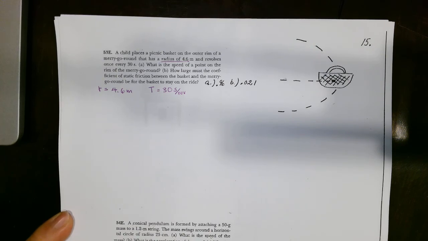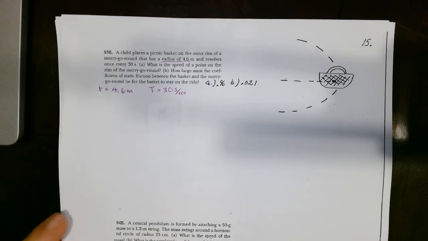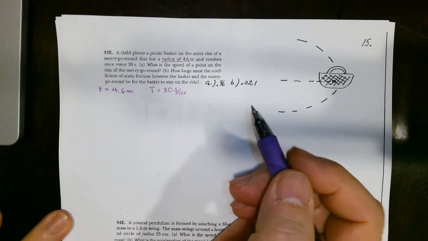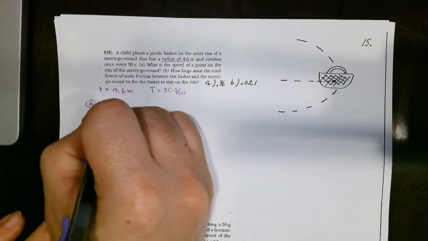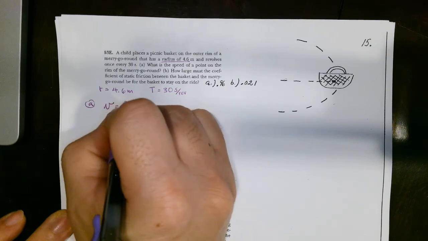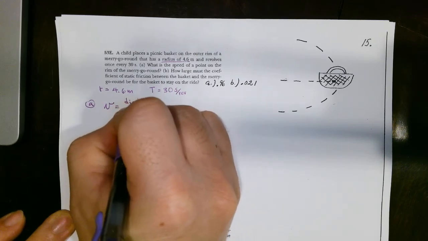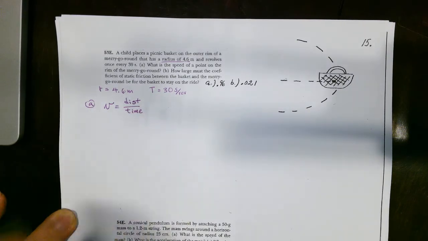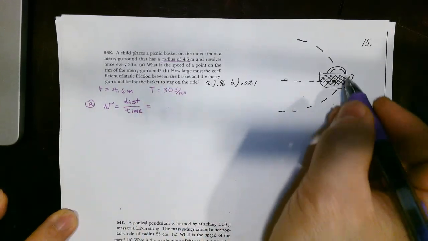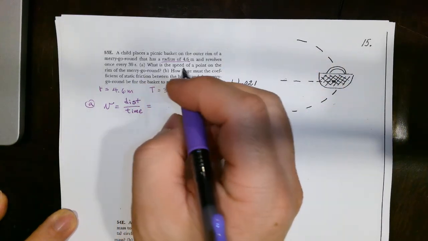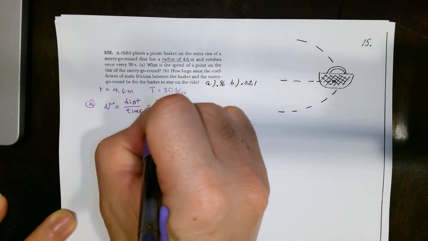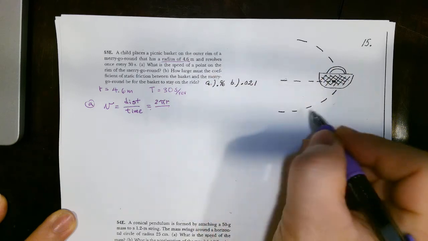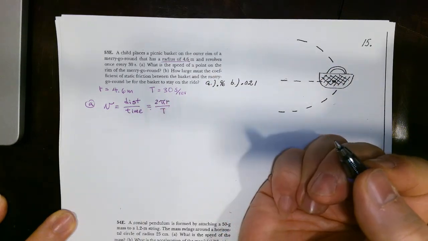So part A asks, what is the speed of the point on the rim of a merry-go-round? Well, for part A then, since they want speed, v is equal to distance divided by time, right? Therefore, the distance that point travels around one complete circle is a circumference, which is 2 pi r. And the time that completes one revolution is called period.